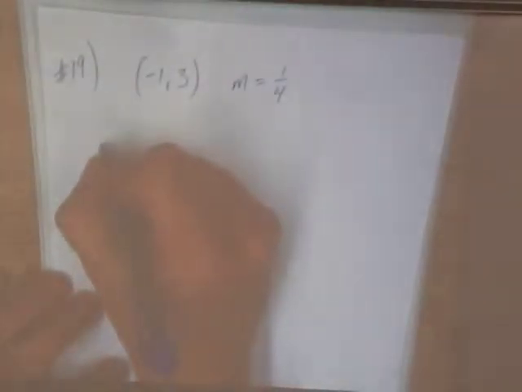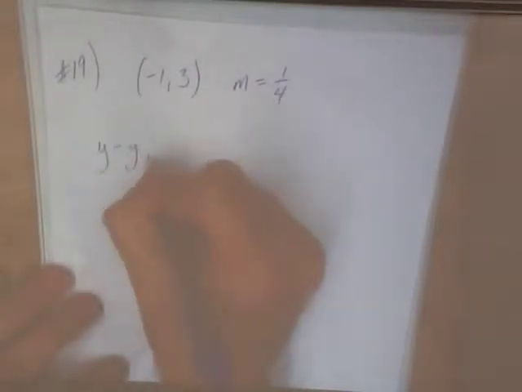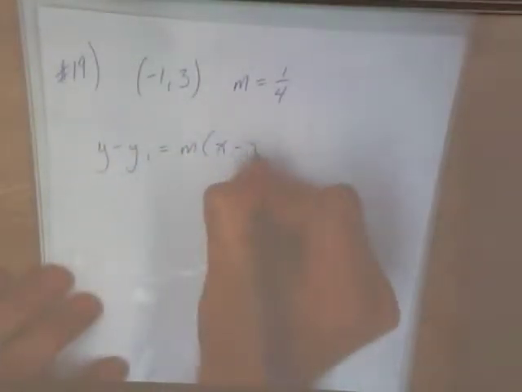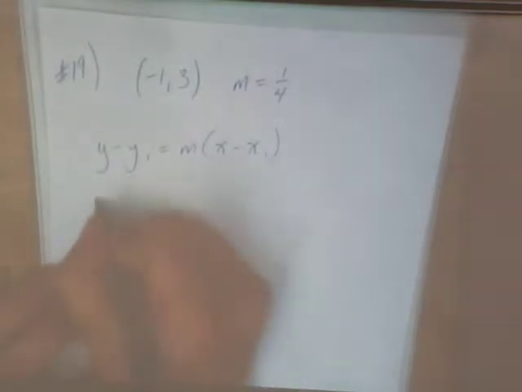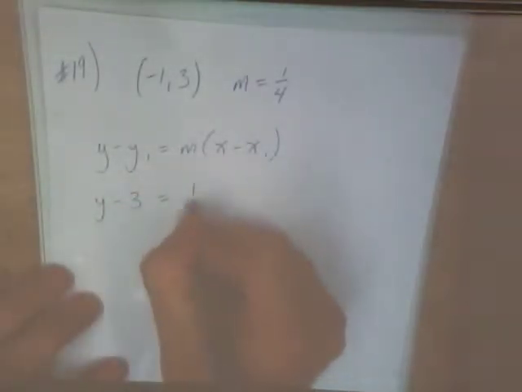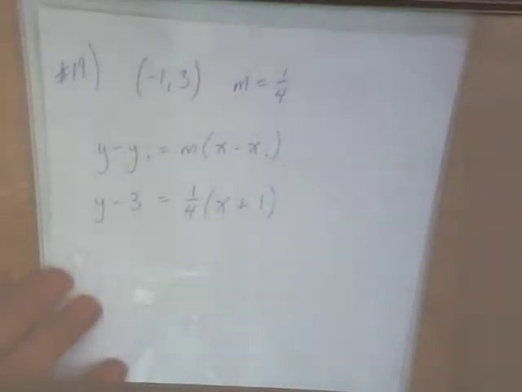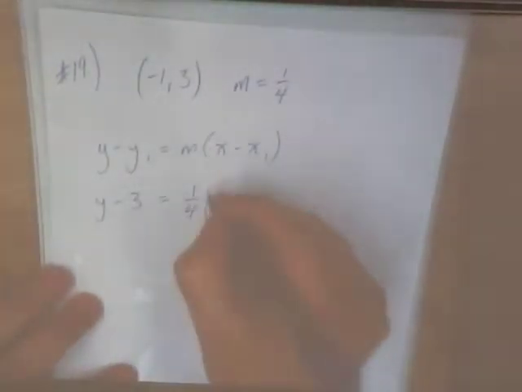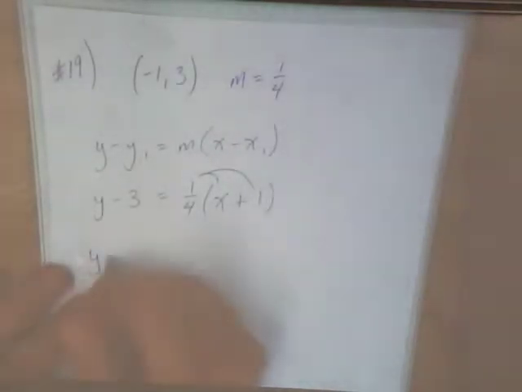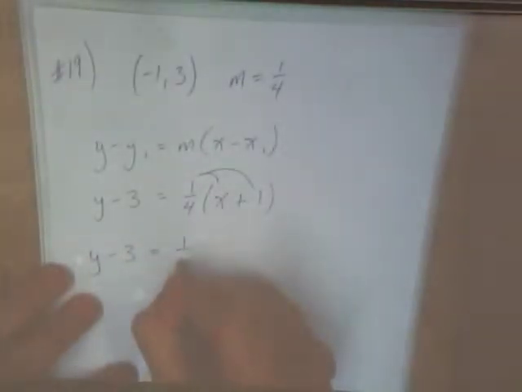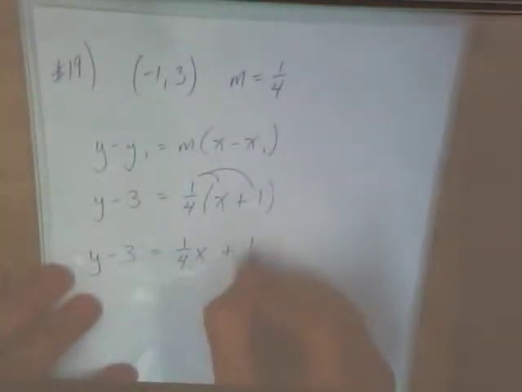Always start with point slope. So it'll end up being y minus 3 equals 1/4 times x plus 1. And then they want it in standard form, so we have to distribute. y minus 3 equals 1/4 x plus 1/4.